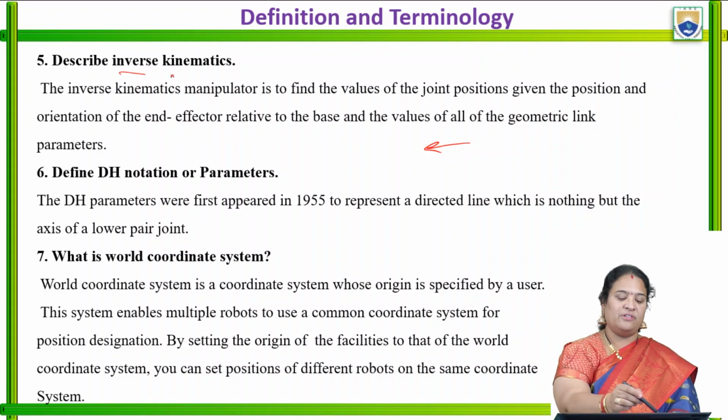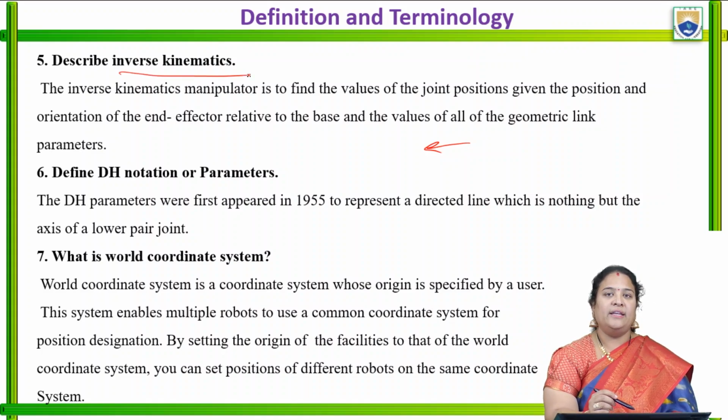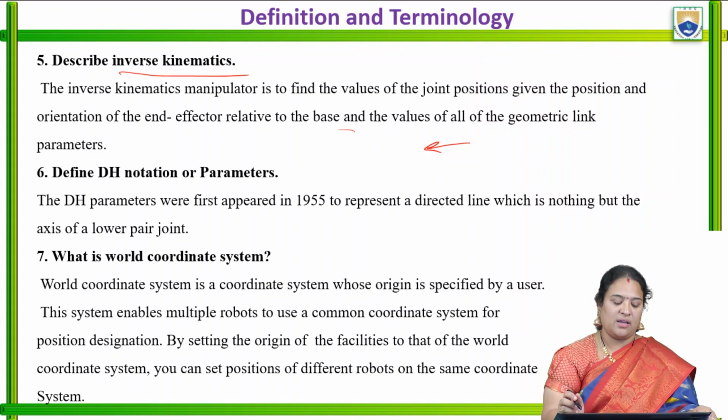Any robot manipulator moving in the reverse direction is known as inverse kinematics. Inverse kinematics is used to find the values of the joint positions given the position and orientation of the end effector relative to the base of the robot and the values of all the geometric link parameters.